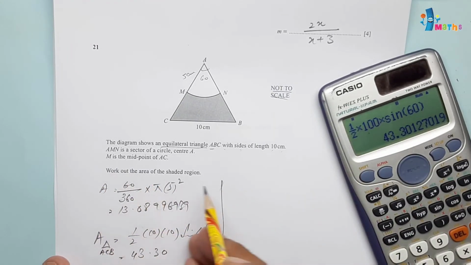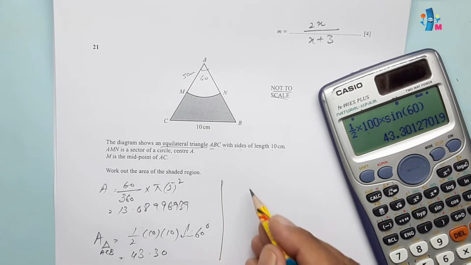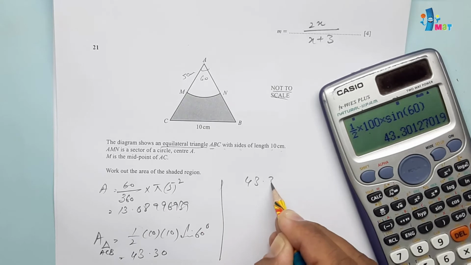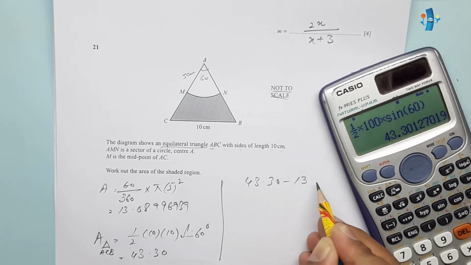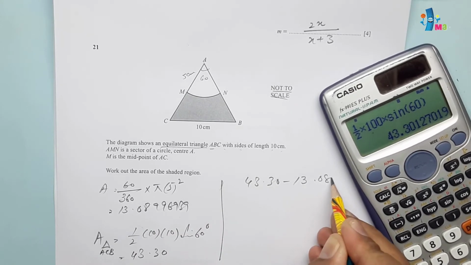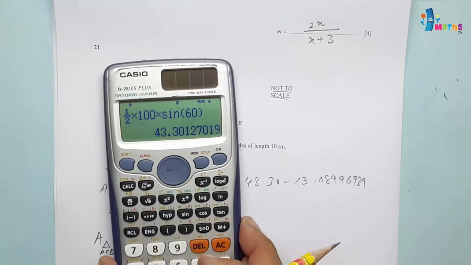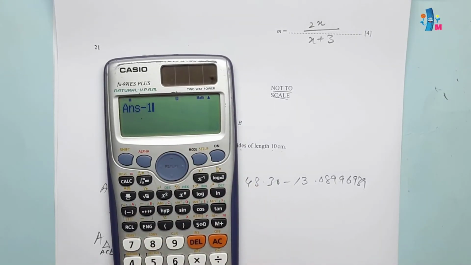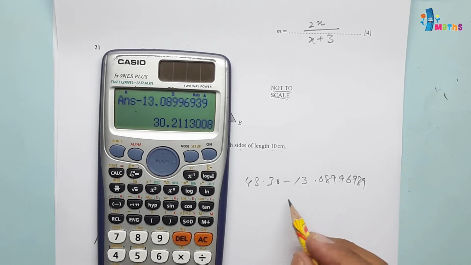So we work out the area of the shaded region. Basically we have to subtract the white portion. So 43.30 minus 13.08996939 will be equal to 30.21.